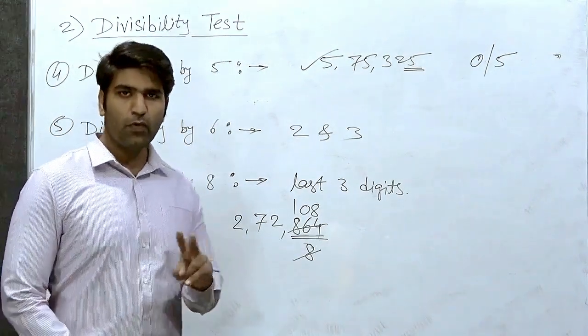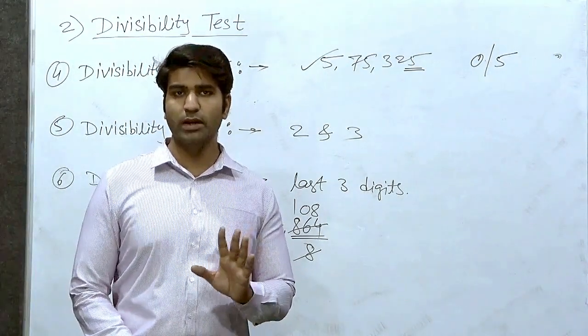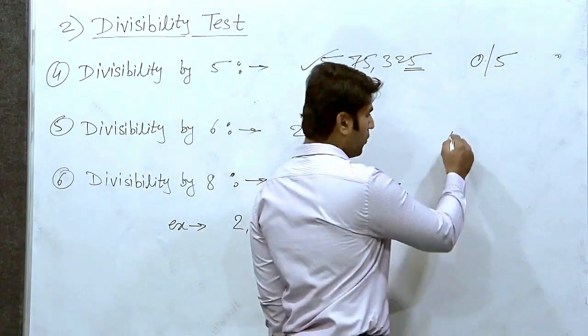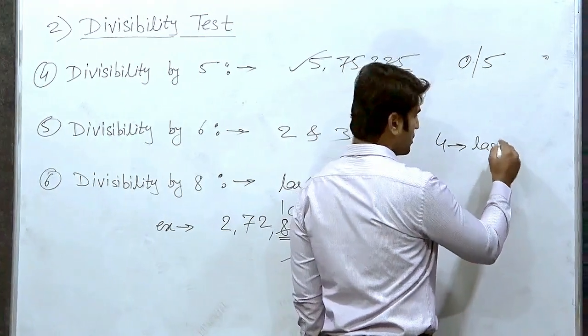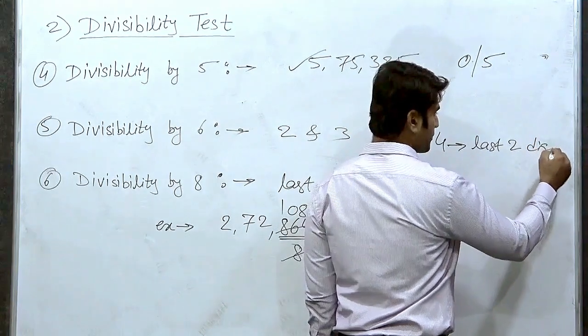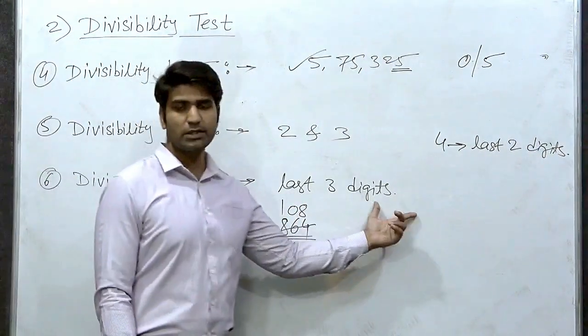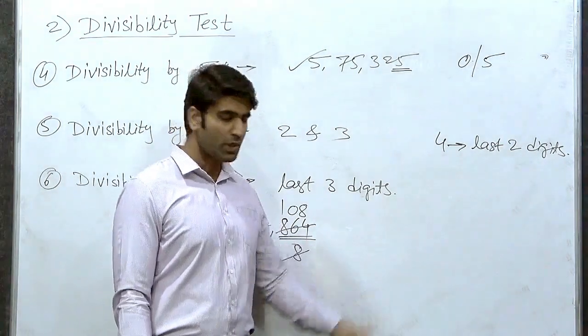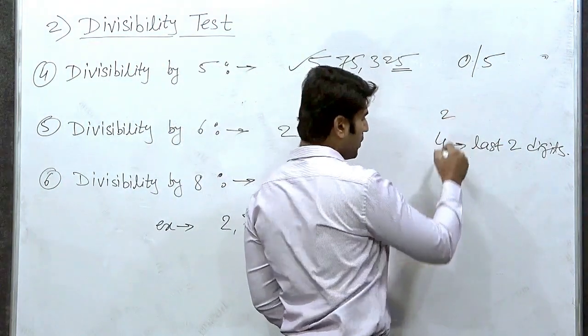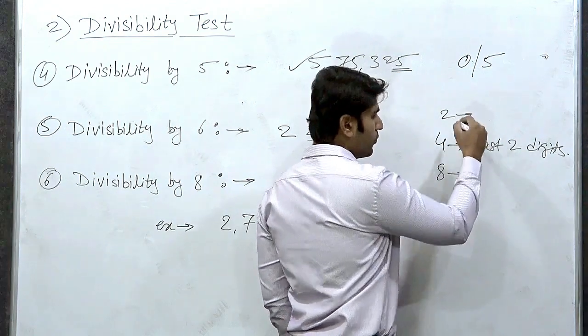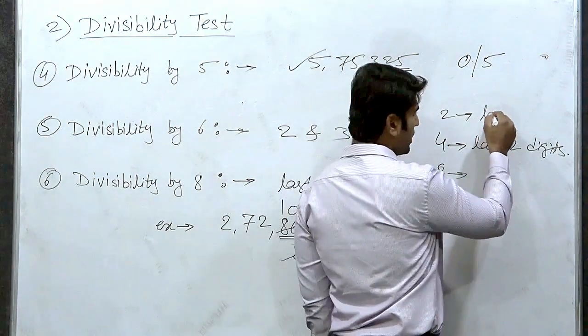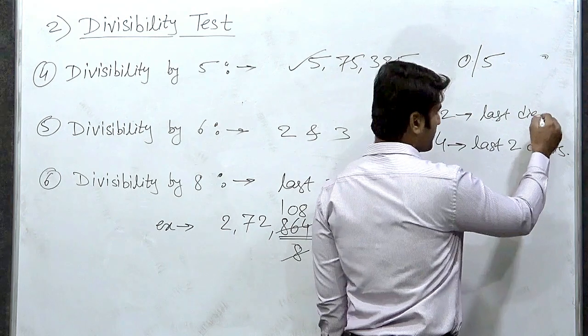So 4 and 8 are similar. For 4, what we do? Last 2 digits, and for 8, last 3 digits. So 2, 4 and 8 are similar. For 2, what we do? Last digit only.